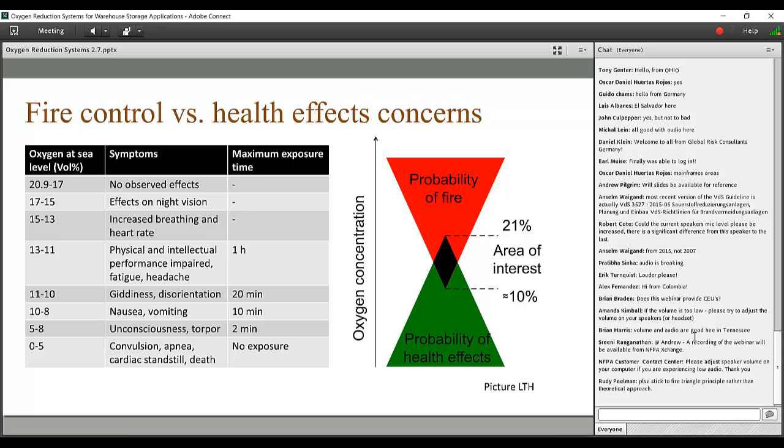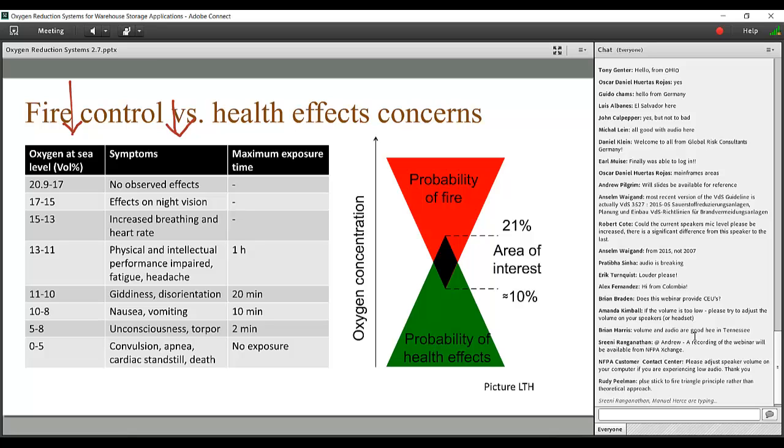And you can see that when you're dealing with a reduced oxygen environment at different percentages, there's a different range of symptoms that could impact people. At very low levels of oxygen reduction, there are no observed effects.